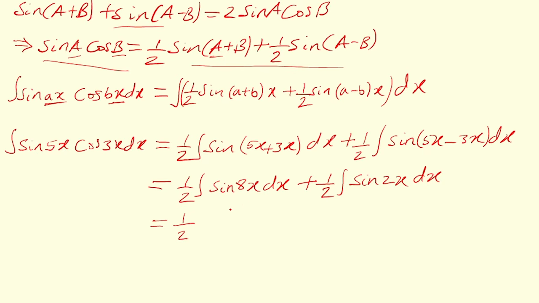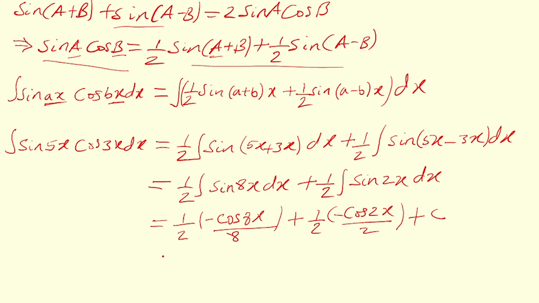Then 1 over 2 the integral of sin 8x gives minus cos 8x over the coefficient 8, plus half the integral of sin 2x gives minus cos 2x over 2, plus c.